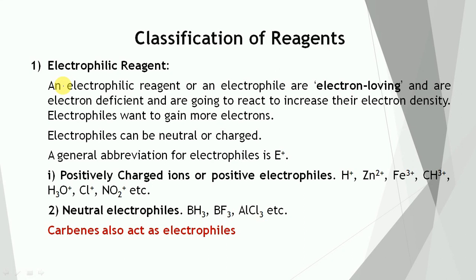Classification of reagent. The first one, electrophilic reagent. An electrophilic reagent or electrophile is a reagent containing an atom which is deficient in electrons. They are sometimes called electron loving because they are themselves electron deficient, and so they are always in search of electron rich species.